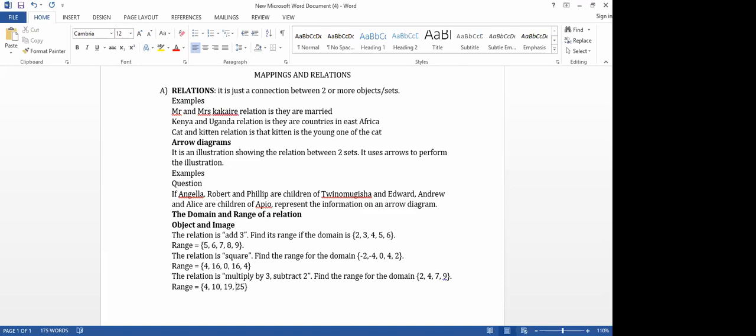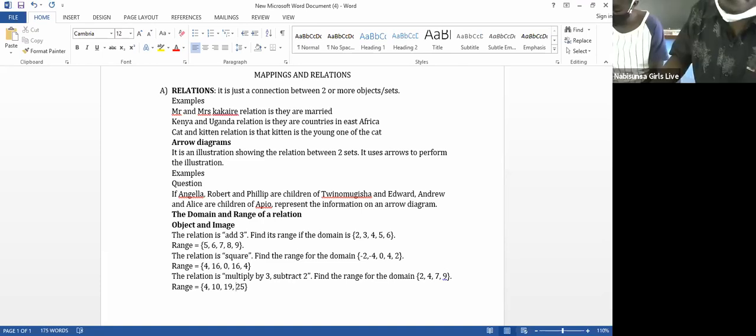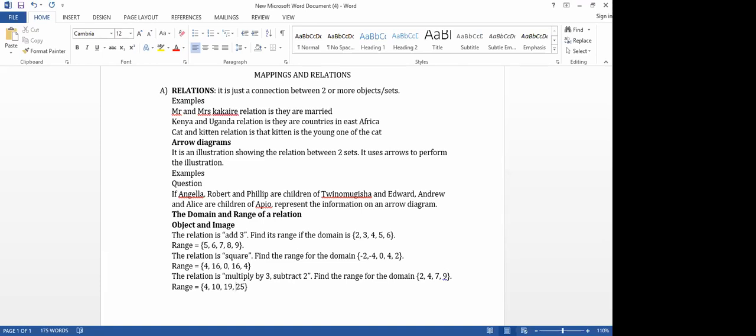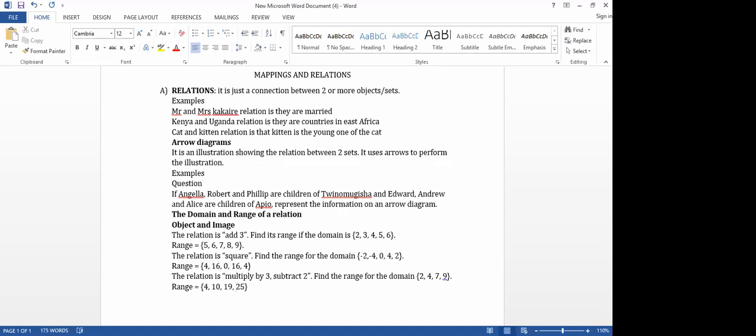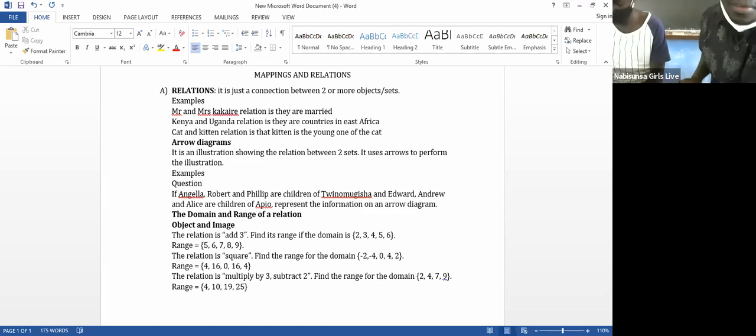Okay, is it a must to draw them? To draw the arrow diagram? No, unless they have asked you to. Hannah, your hand is still up. You have something you want to submit?